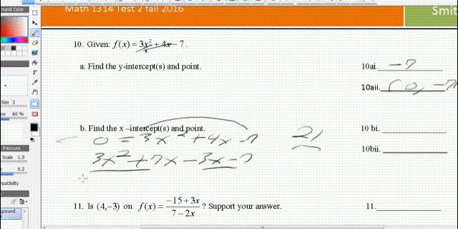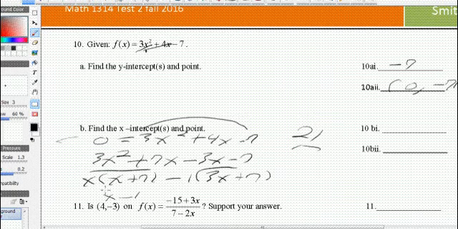Don't forget your tree. Factor out an x, I get x plus 7. I factor out a negative sign, I get 3x plus 7. So this turns out to be x minus 1 and 3x plus 7 equals 0.